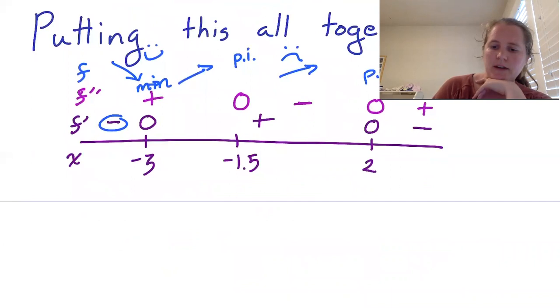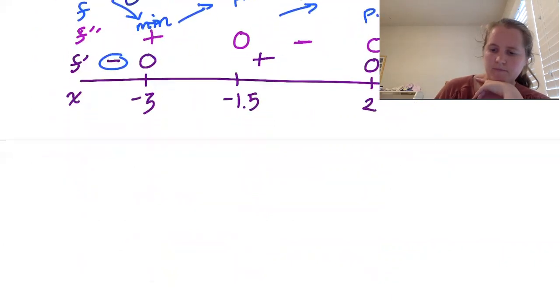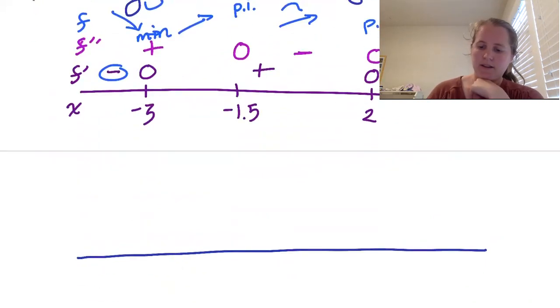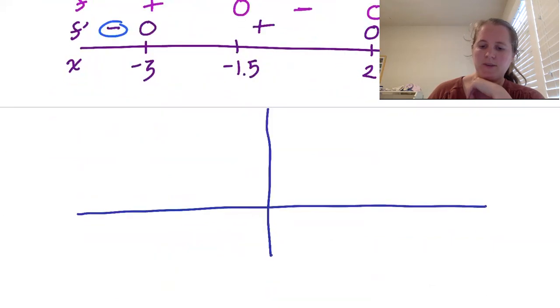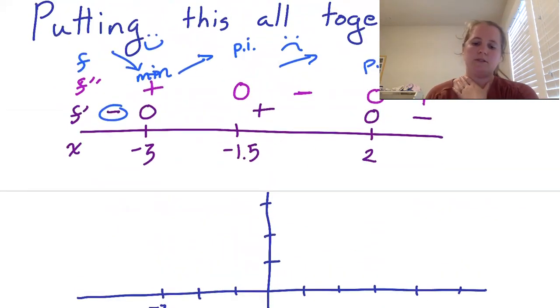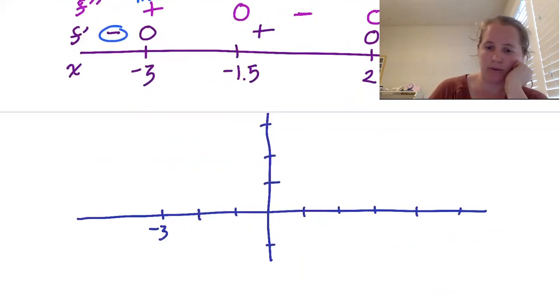If we look at our graph, we don't know what the y values are, so that's less important to us. The main thing is that we know we start off decreasing, have a minimum at x equals -3.